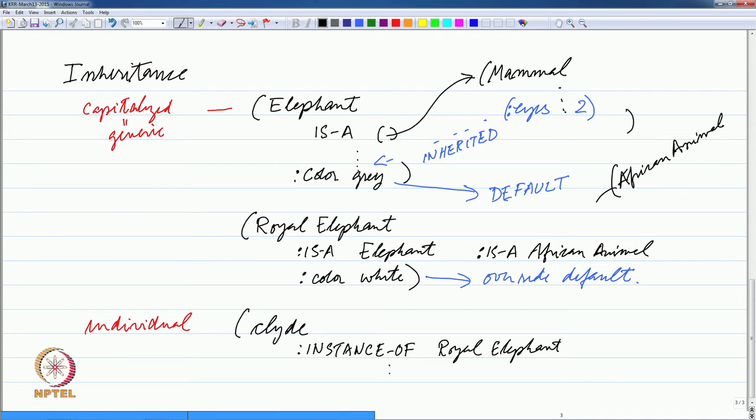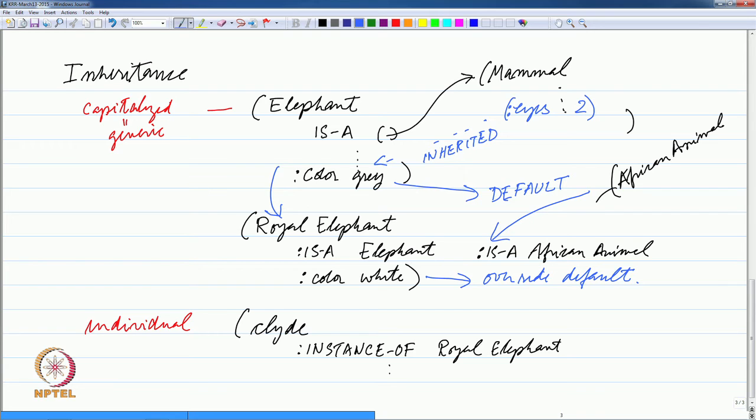So, royal elephant inherits properties from here as well as from African animal. One might ask, what if we are trying to inherit 2 different properties from 2 different ancestors? That is a tricky question which we will defer for the moment. Deciding based simply on the topology of the graph what is the right thing to inherit needs some thought.